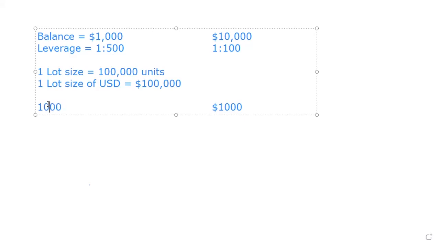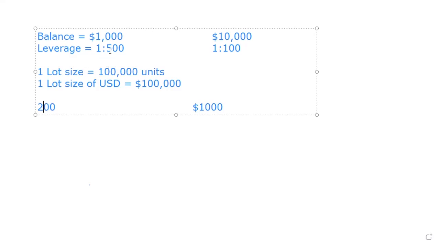Yes, you will have 200. So it means your broker is going to take 200 in your margin. You will have $800 remaining in your free margin for the market to still go up and down. So with a leverage of 1:500, you can comfortably take one lot size.